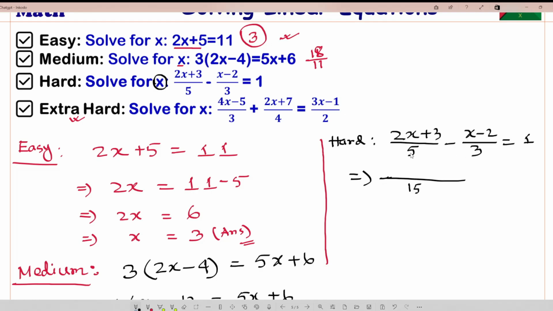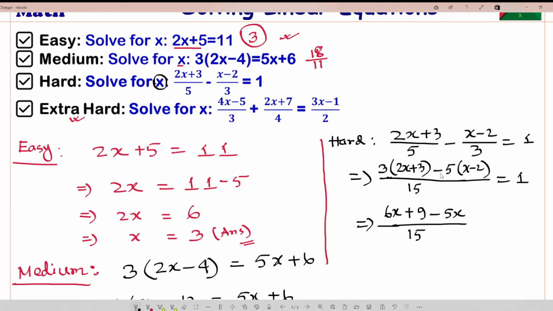So 15 divided by 5 will become 3. So 3 times (2x + 3), minus 15 divided by 3, it means 5, times (x - 2), equals 1, right? Now here is 15. So 3 times 2, 6x + 9, and minus 5x plus 10, equals 1.